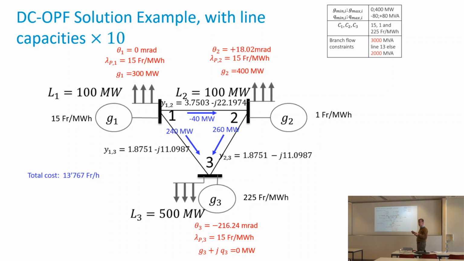You can control the voltage angle, if we have the DC approximation, in reality also the magnitude. And power will flow from higher voltages and higher angles to lower voltages and lower angles. So the only thing we can do to control a grid is to control the voltage angles and secondarily also the magnitude.